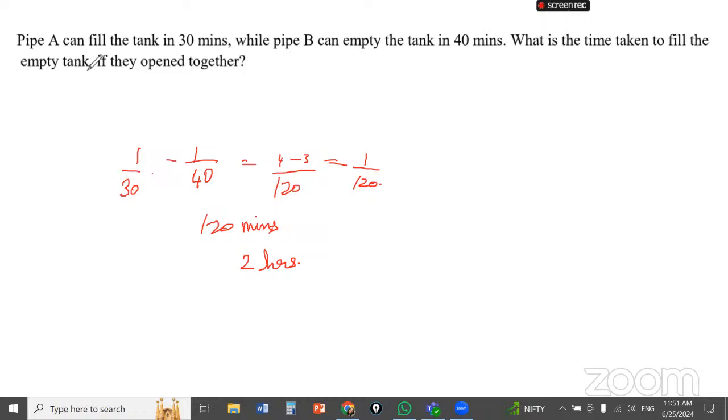Yeah, Deepesh, you're right. The answer is 2 hours. And somebody was saying that they got the answer in negative. Jaslyn, I don't know what is the mistake you made, but I think you got the right answer now. Yes, Jaslyn has given the right answer.